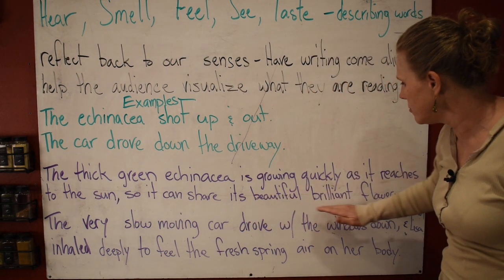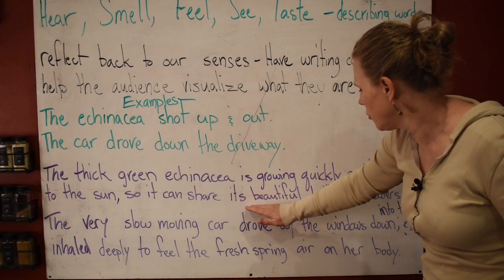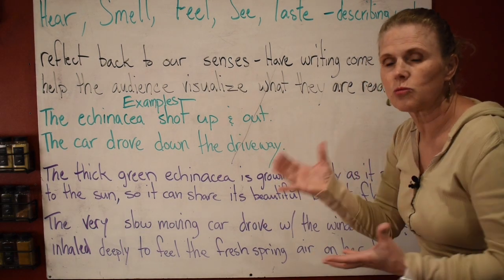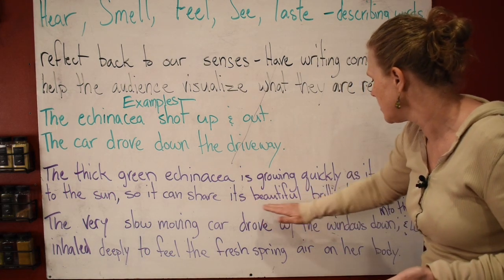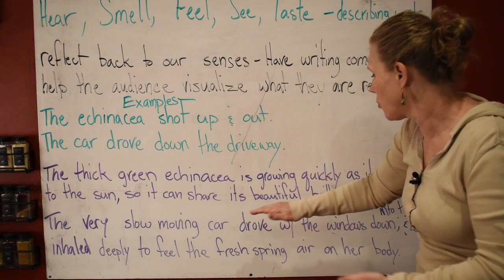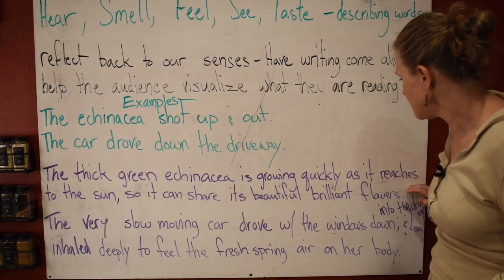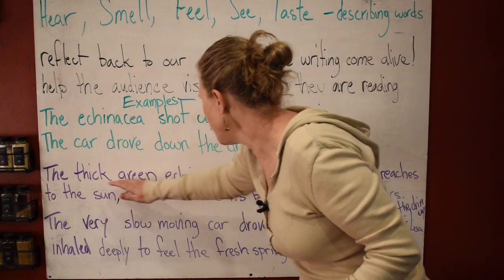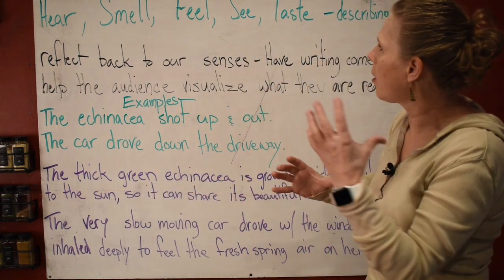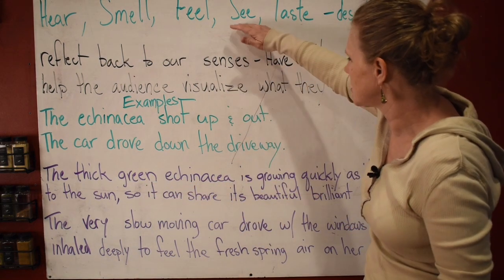See how we use an alliteration right here. Beautiful, brilliant. An alliteration is when you are using the same letter 2 to 3 to 4 words in a row. See how right here, the thick green, you are being able to see it.